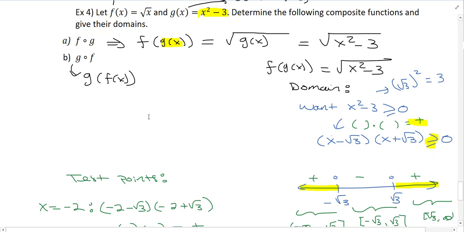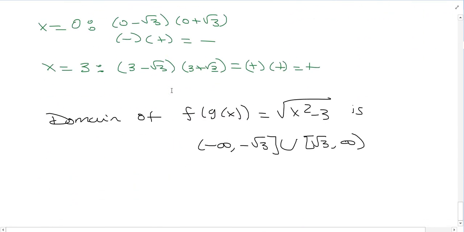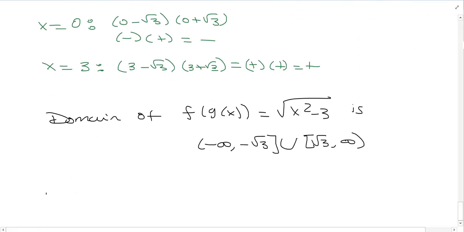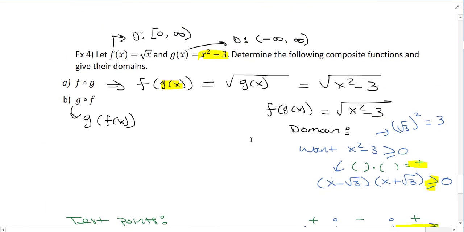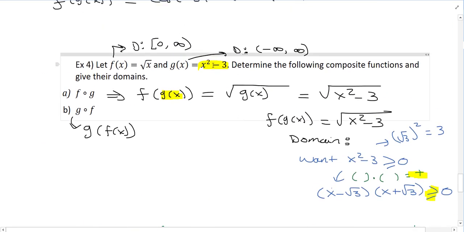All right, what about g of f of x? So part B, g of f of x. So that means into g, what was g? g is x squared minus 3. We plug in f of x.